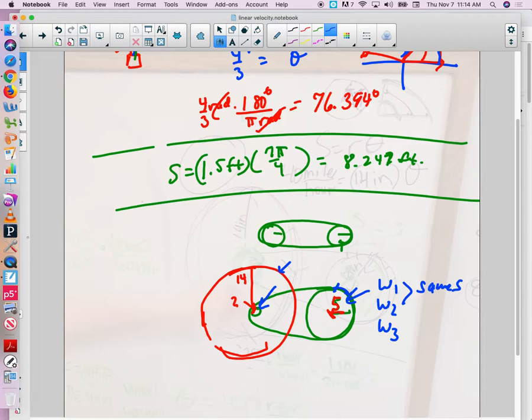No. If they don't have the same radius, the only thing they can have the same of is one thing: they can have the same angular velocity or linear velocity. Those have the same S. What do wheel 2 and wheel 3 have? Oh, wait, did I label these very well? This is wheel 1, this is wheel 2, and this is wheel 3. What do wheel 2 and wheel 3 have if they're bolted together? They have the same theta.